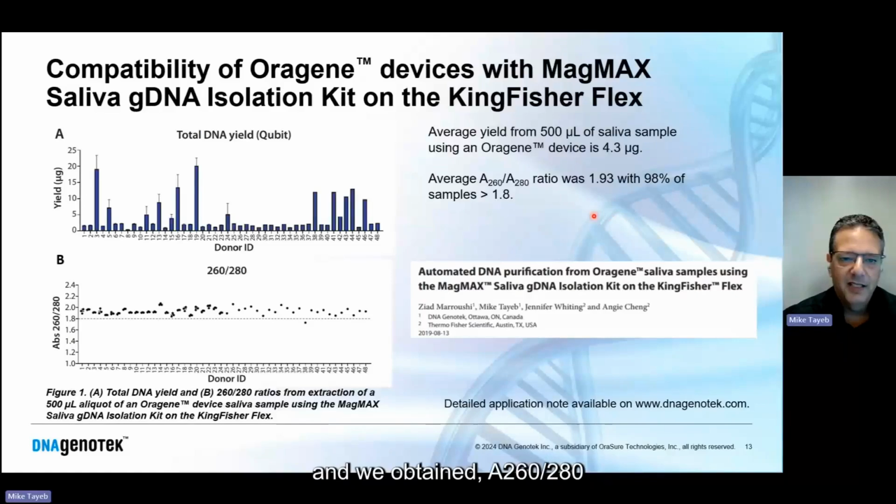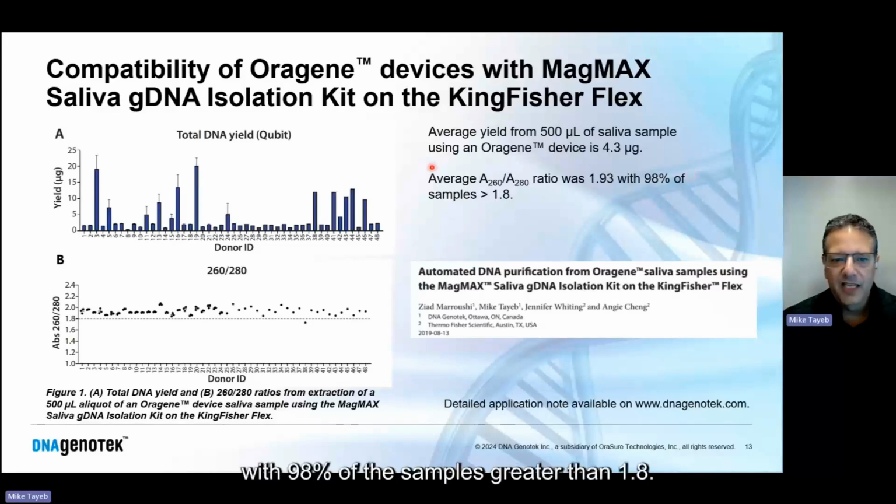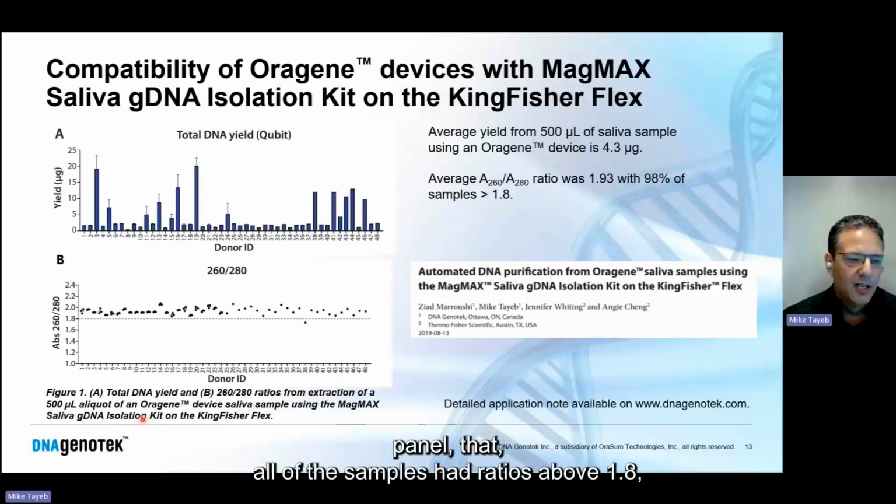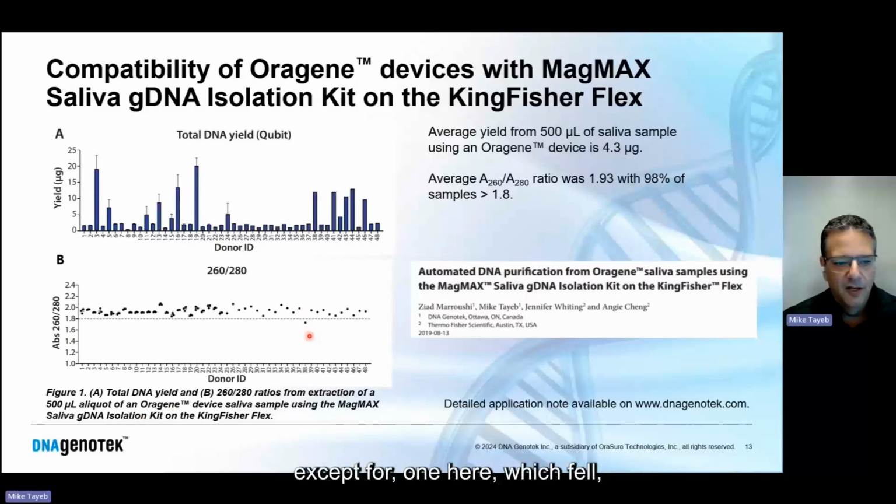And we obtained A260/280 ratios around 1.93, with 98% of the samples greater than 1.8. So very good DNA quality as well. You can see here on the lower panel that all of the samples had ratios above 1.8, except for one here, which fell at about 1.75.